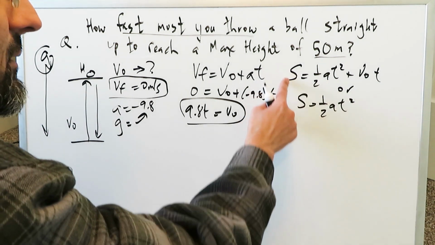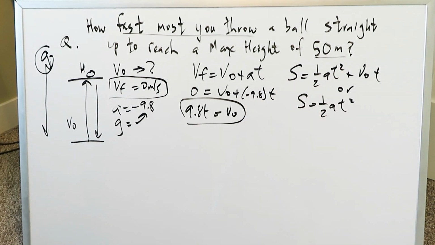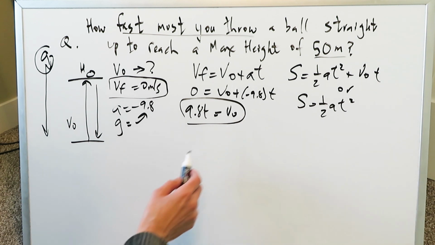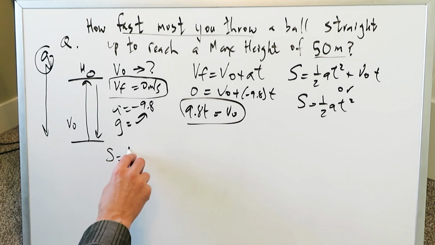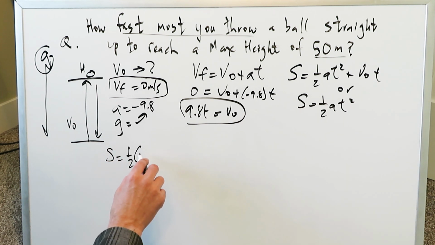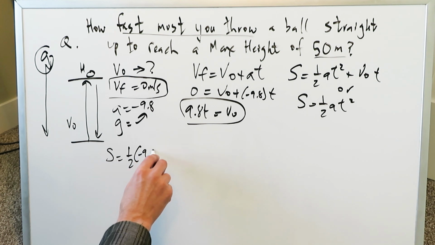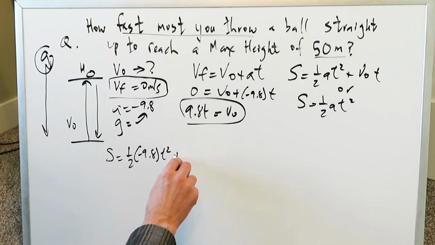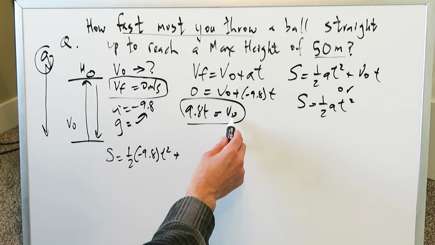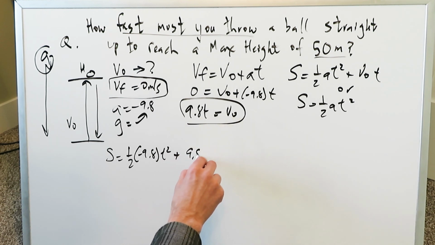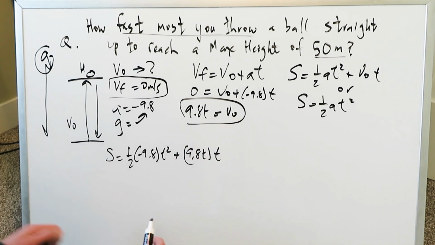Now, how do we know which equation to use, the large one or the small one? How about this? Use the large one and plug this in and see what happens. Position is equal to half at squared, which right here you know is going to be minus 9.8 t squared over 2, plus v0 t. Where you have initial velocity v0, you can put 9.8 t and then you have a t. And see what would happen.